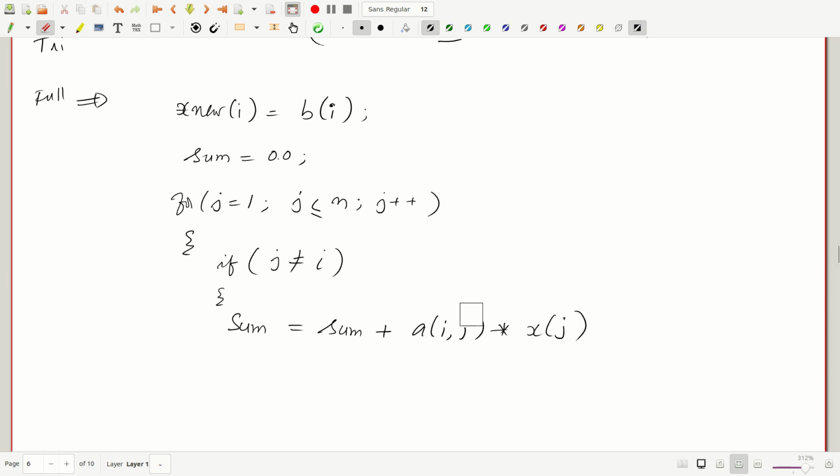You can use either square brackets or parentheses, whether you use Fortran or C. For easiness, I just used the parentheses here. So that's your sum.